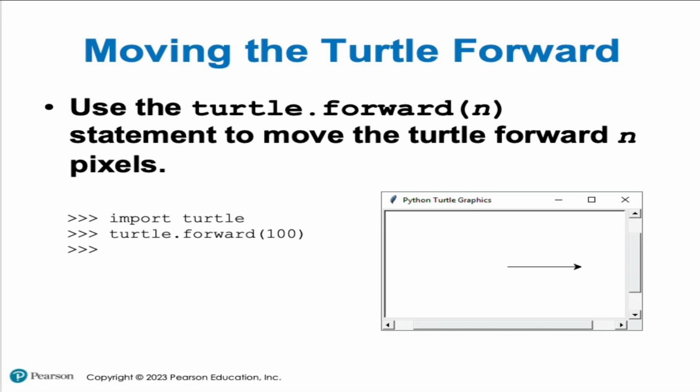So here, if we imported turtle and then said turtle.forward(100), you will see that we now have a line that is 100 pixels long at 0 degrees, which was our orientation, and now the turtle is at the end of that position, 100 pixels from where we started.